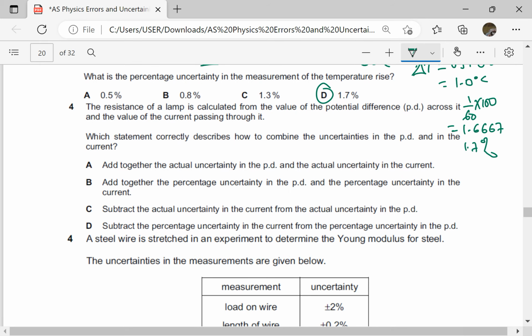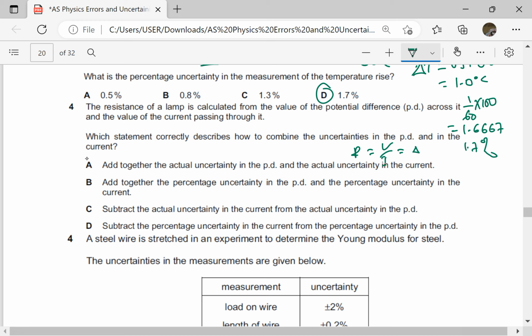The resistance of a lamp is calculated from the value of PD across it and the value of the current passing through it. Which statement correctly describes how to combine the uncertainties in the PD and in the current? So resistance is V over I. Add together the absolute uncertainty in the PD and the absolute uncertainty in the current. So that is not going to be true.